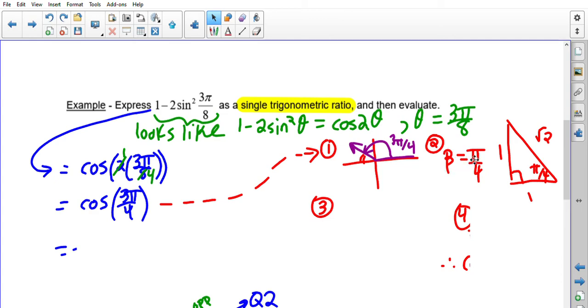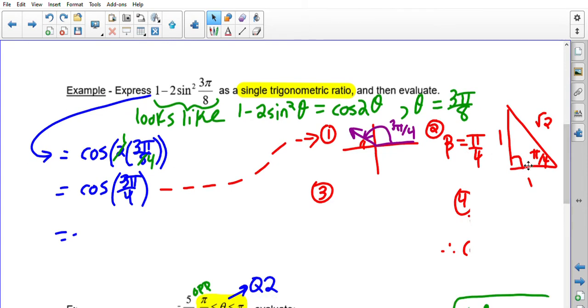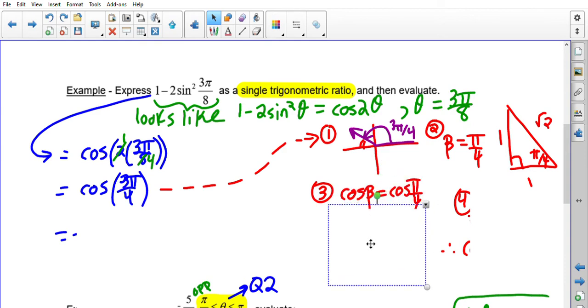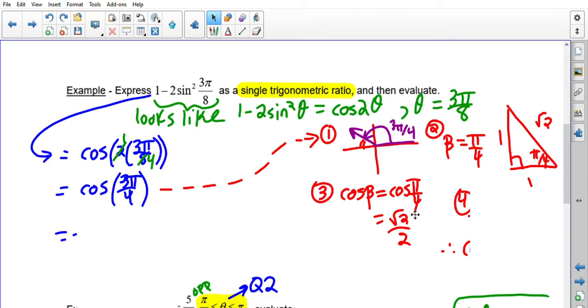Beta you can do by doing pi minus 3 pi over 4, or you can just look at the fact that it's 3 sets of pi over 4 and know that that's beta. You're going to draw out your special triangle, and then we're going to do cos of beta, which is cos pi over 4, so that's adjacent over hypotenuse. So that's 1 over root 2, and when we rationalize the denominator, root 2 over 2.